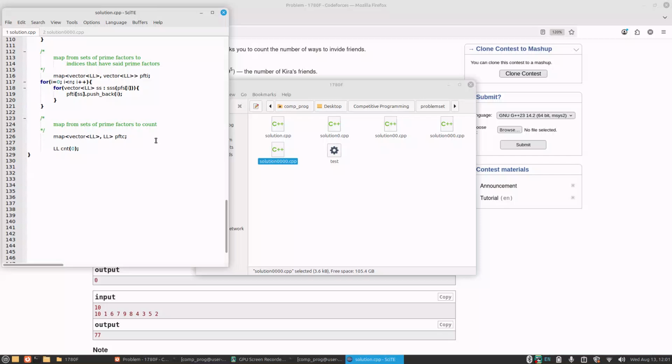So we need a count, and we need two counts. One for number of elements to exclude from the count. Or it's probably just easier to do number of elements to include from the count.